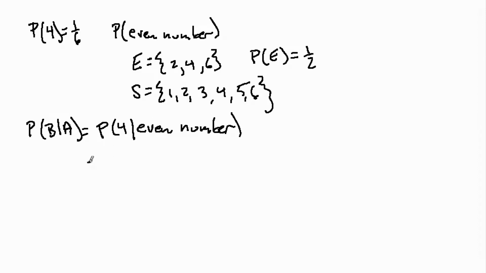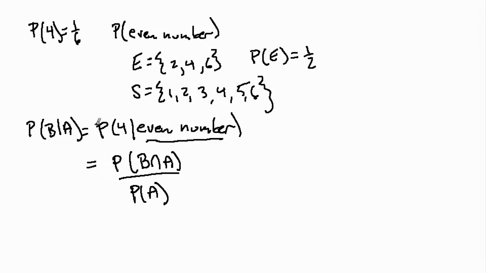This is, by definition, the probability of B intersection A over the probability of A. And let's think about what that's saying here. When I have a conditional probability, I am reducing the size of my sample space.